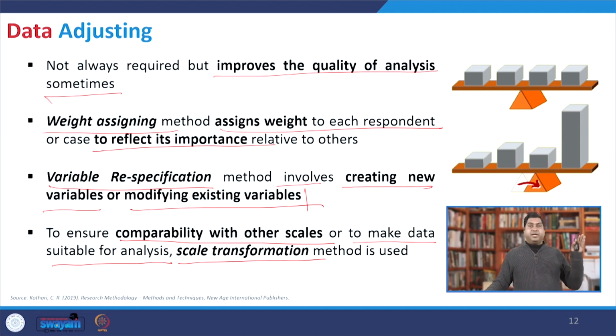Somewhere, if some weightage is to be given to the responses, you can do that. And definitely, as we discussed previously, if there is missing data, you can also take the mean value or the central tendency of that data set to include it.